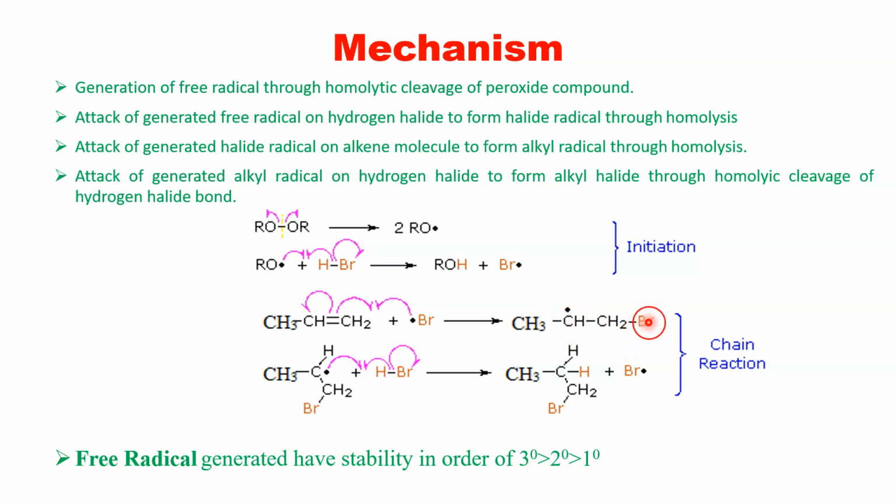So that is why Br gets attached only to this CH2. If it got attached to this CH, it would form a primary free radical which has lesser stability, but a secondary free radical has greater stability than primary. That is why this is the most crucial step, that Br gets attached to this CH2.